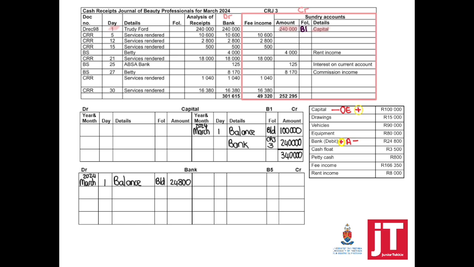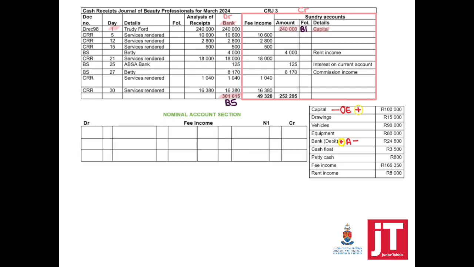From the cash receipts journal, bank is going to be debited on the last day of the month, total receipts, and the amount 301,615. I'm not going to close off the account yet because I know from the CPJ, bank would have been credited.